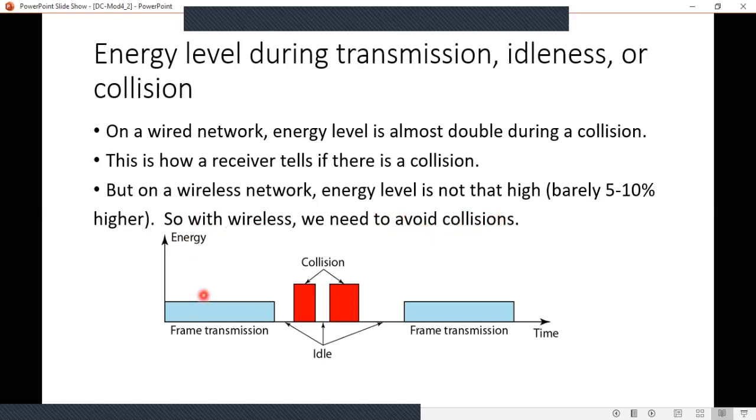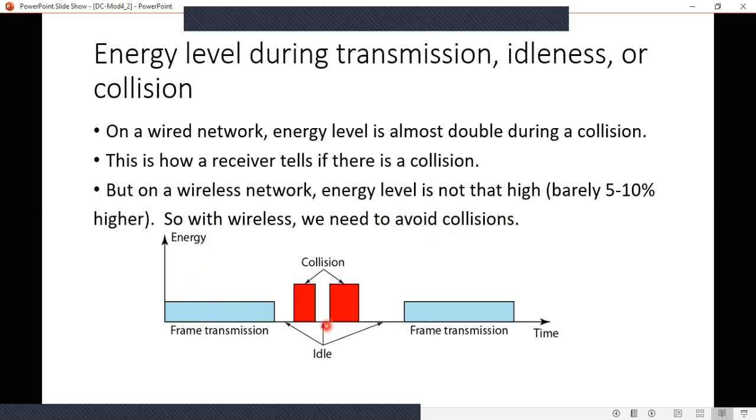There are three energy levels during transmission: one is 0, next one is normal, and one more is abnormal. 0 means the channel is idle. If the energy level is 0, that means the channel is idle. See here, idle.